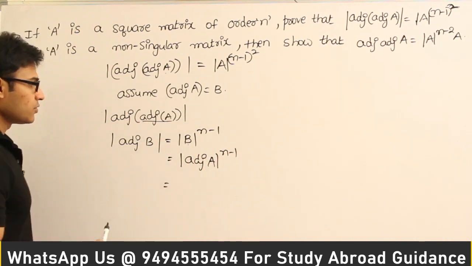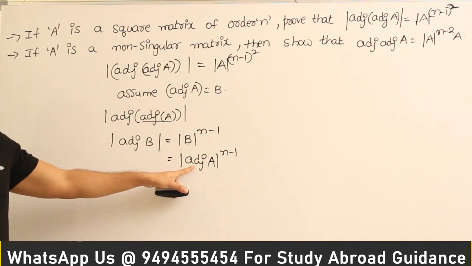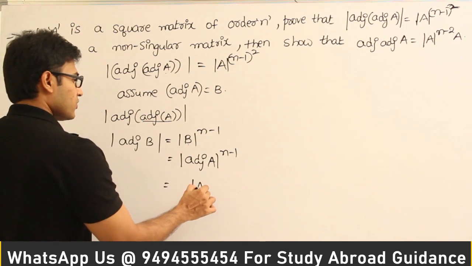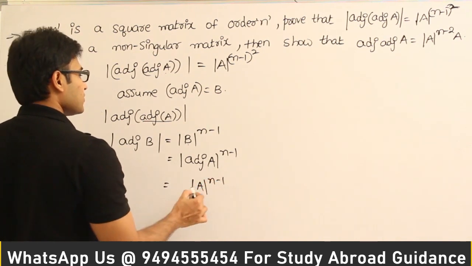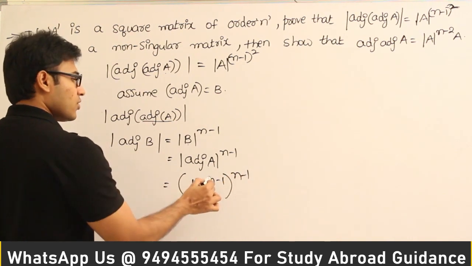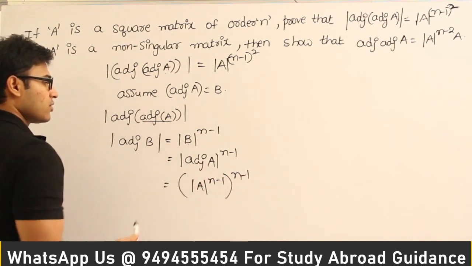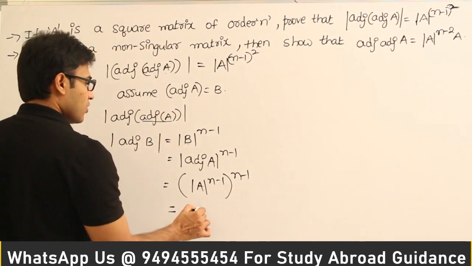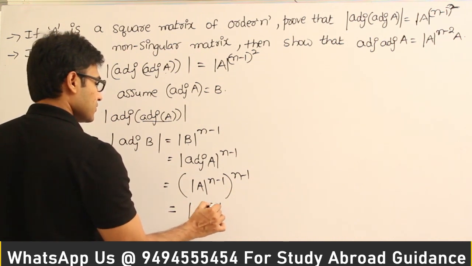And we already know that the determinant of adjoint of A is determinant of A raised to the power n minus 1, and already there is n minus 1 here. How did I get this? Because the order of A is n by n, that is what is given. A is a square matrix of order n, so we got this n minus 1 whole square.